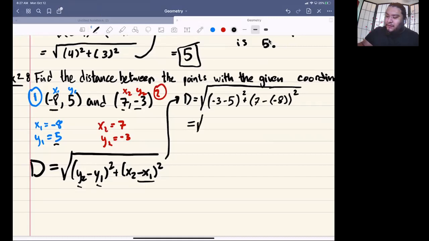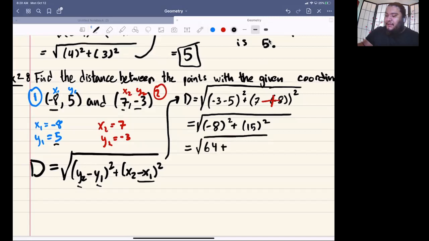That's going to give us the following problem. -3 minus 5 is -8 squared, plus, and remember this here becomes plus, so 7 plus 8 is 15 squared. So it's going to be the square root of 64 plus 15 squared, and I don't know that off the top of my head.